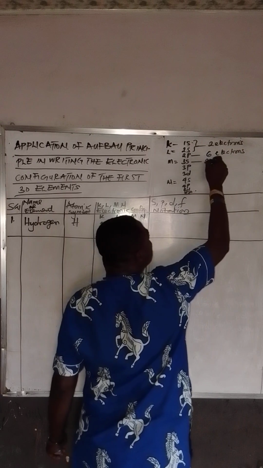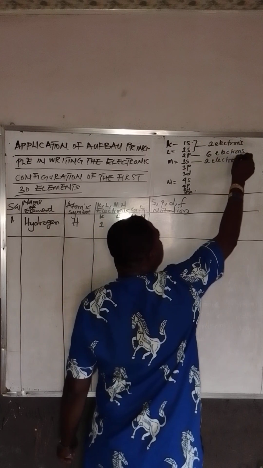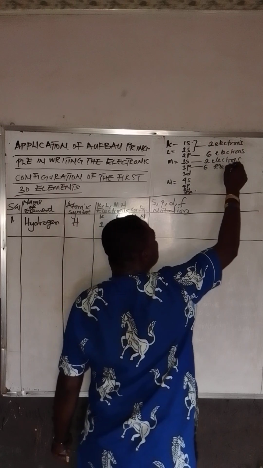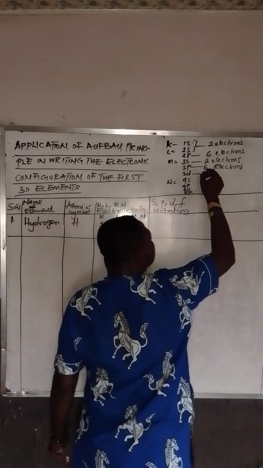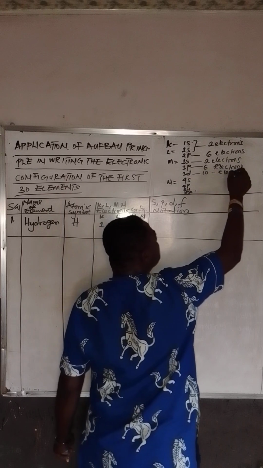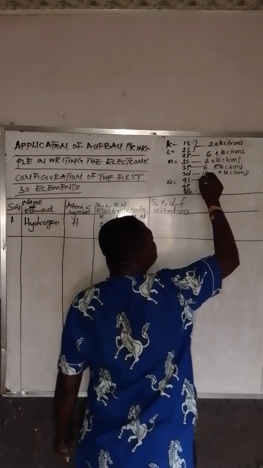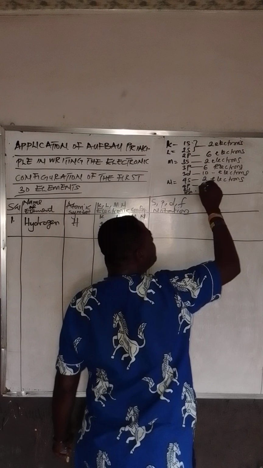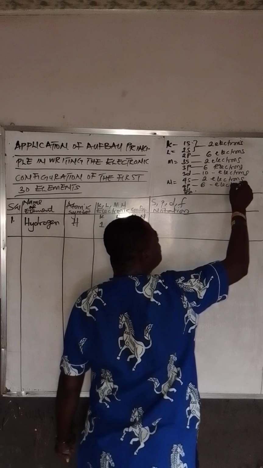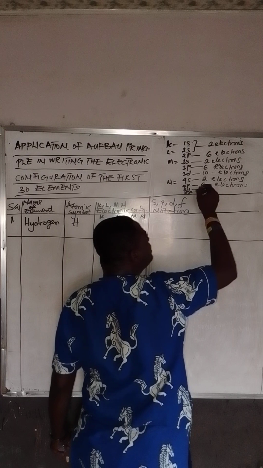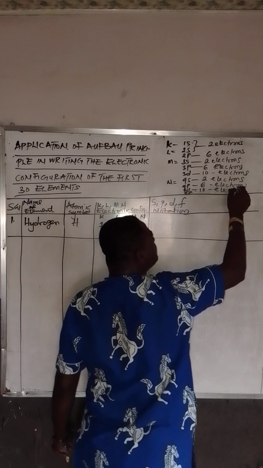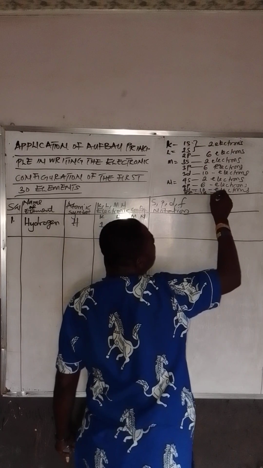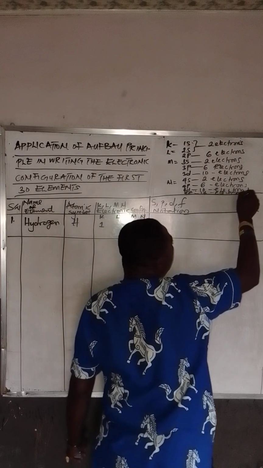Every d carries 10 electrons. And every f carries what? 14 electrons.